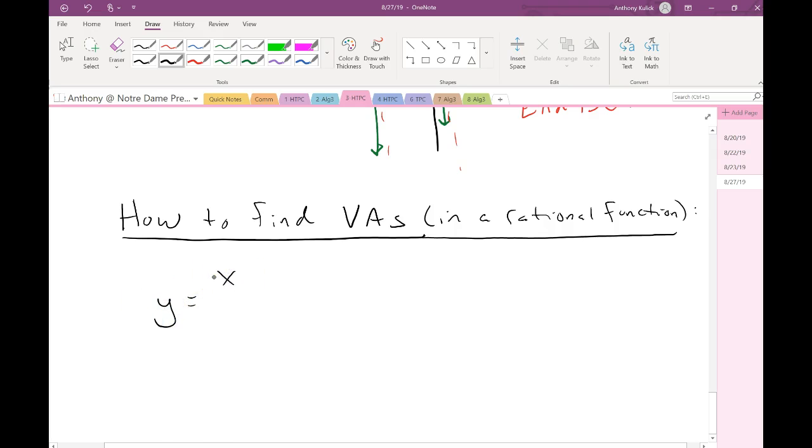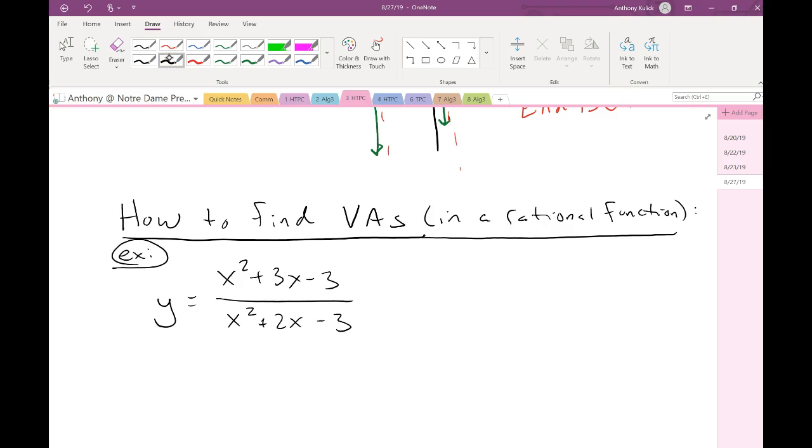It's going to be similar to the example I gave here. Okay, so a lot of what you're discussing, I think you're talking about horizontal asymptotes. When you start talking about degrees of numerators and denominators and such, that's a horizontal asymptote thing.